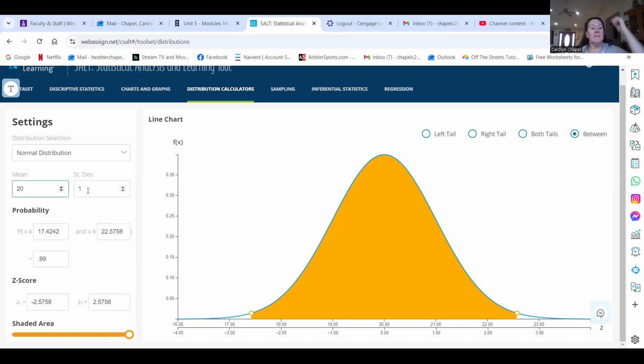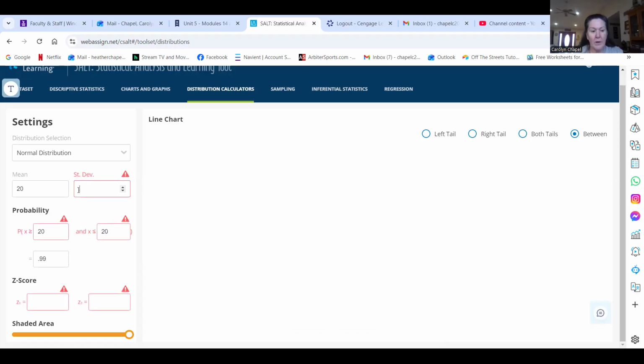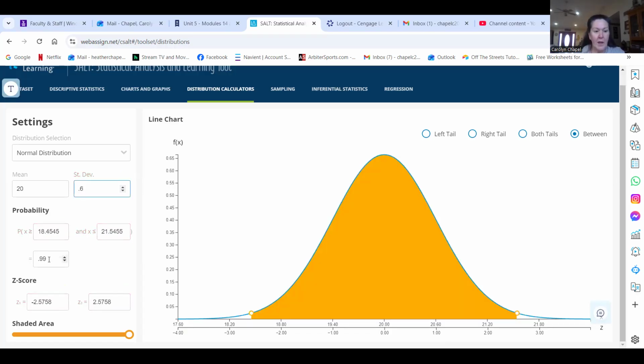And this had a standard deviation of that 6 divided by the square root of 100, which was 0.6. And we want to find a 95% confidence level. So I'm going to put 95 right in there. And notice there is my lower bound, 18.824, which is exactly what I got with the formula. And the upper bound, 21.176, which is exactly what I had for the upper bound.